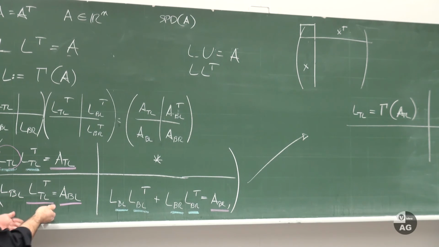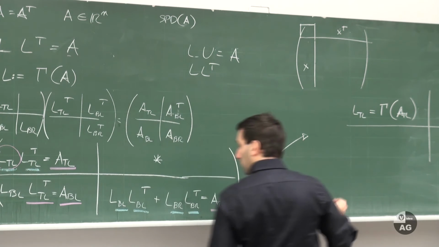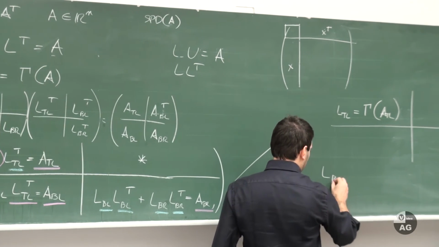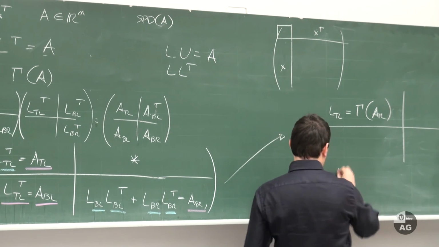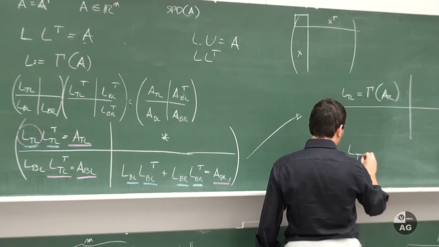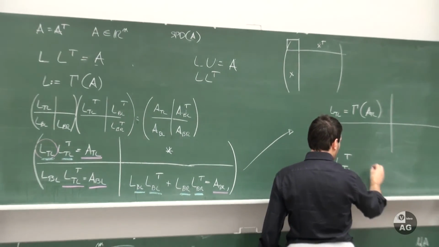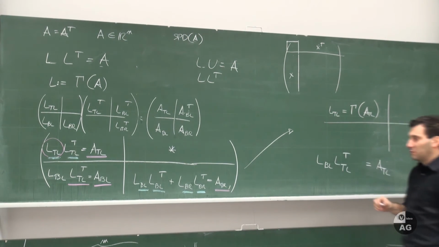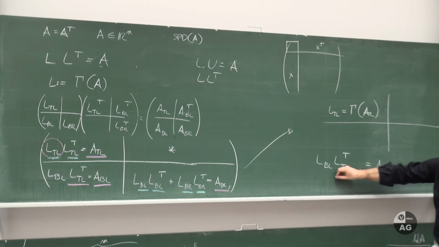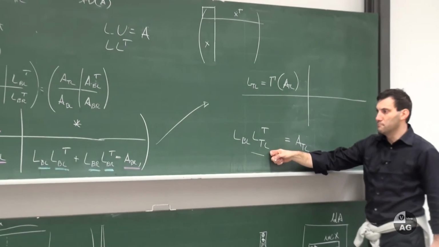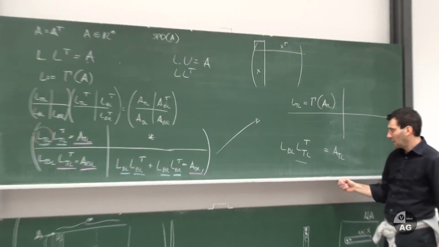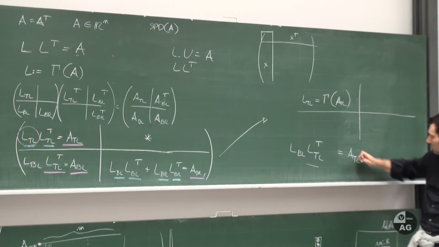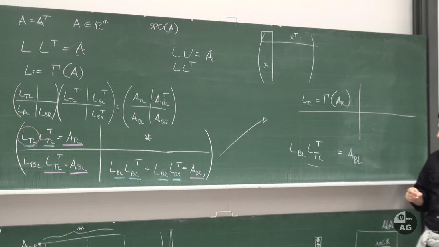So let's take this. What you're probably trying to say is L top left transpose equals A top left. You're probably saying that this is known, so we can move it around. Yeah, sure. True.